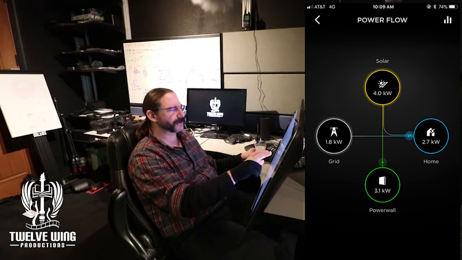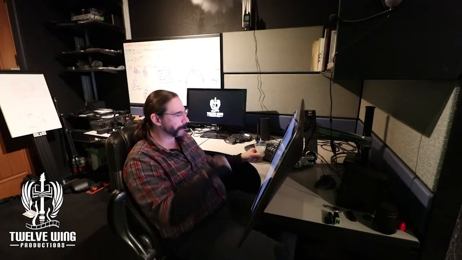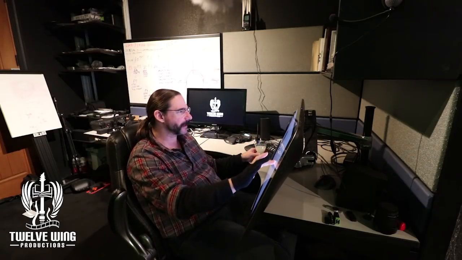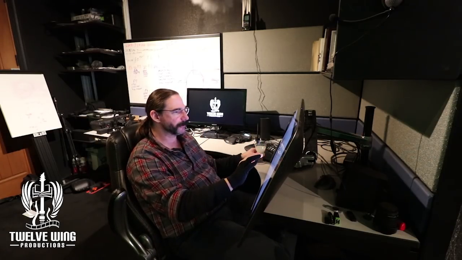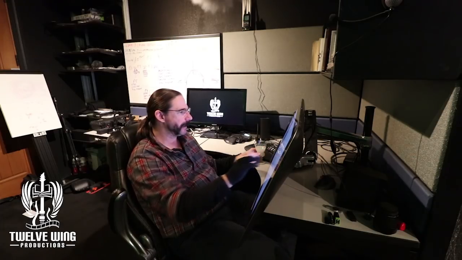I just thought that was interesting, and it makes you wonder why the grid is involved at all. What protections are being done on the software side to severely limit the grid's participation in all of this?